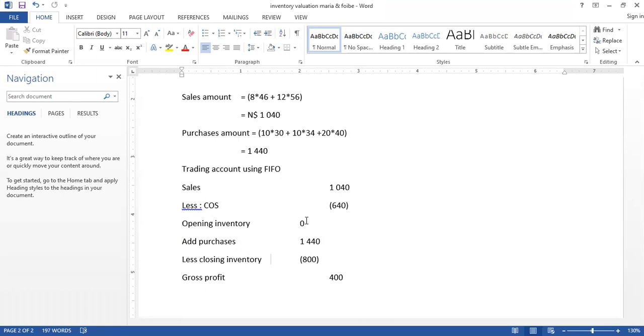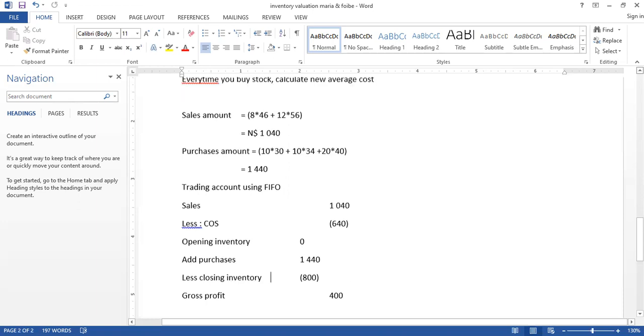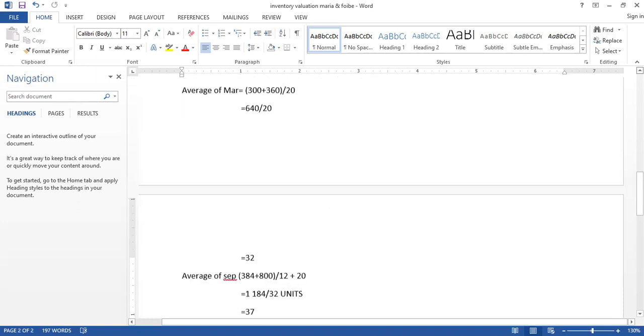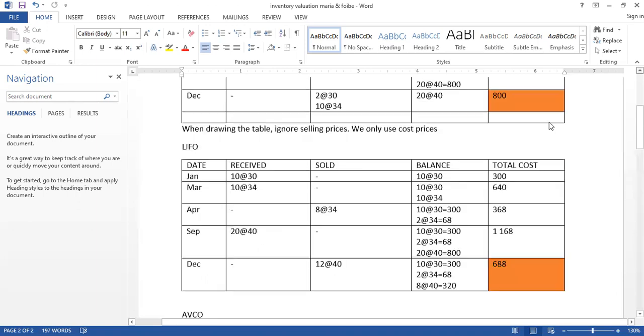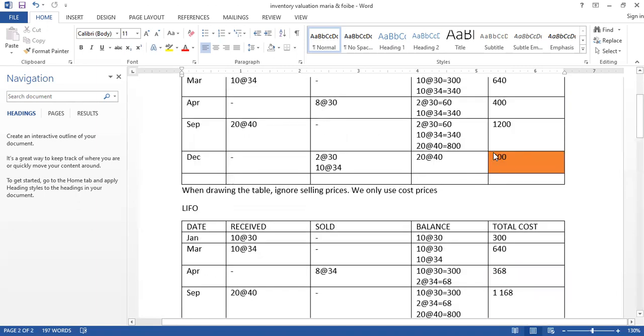So you can only have opening inventory when you are given a balance. And then from there, you add your purchases amount that you just calculated. Then you subtract your closing inventory. With closing inventory, you will always be told to draw up a trading account using FIFO, so you will use the closing inventory of FIFO, which is 800.